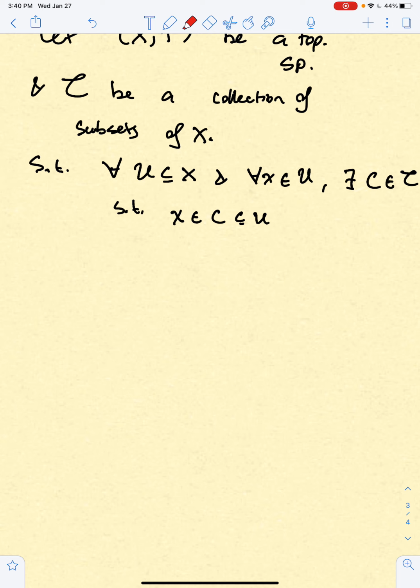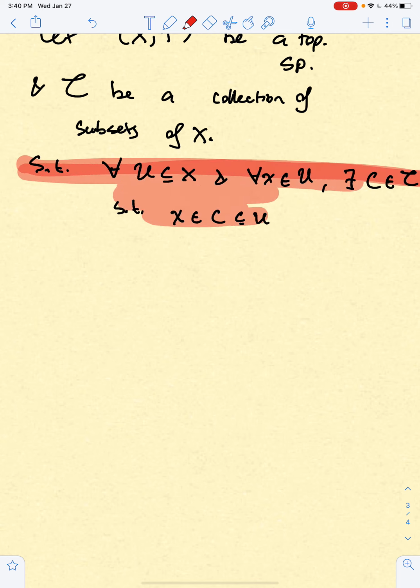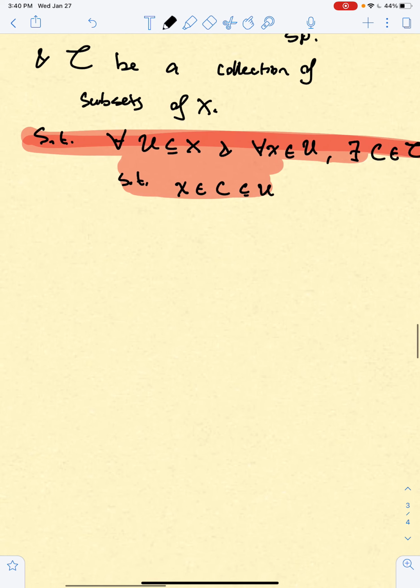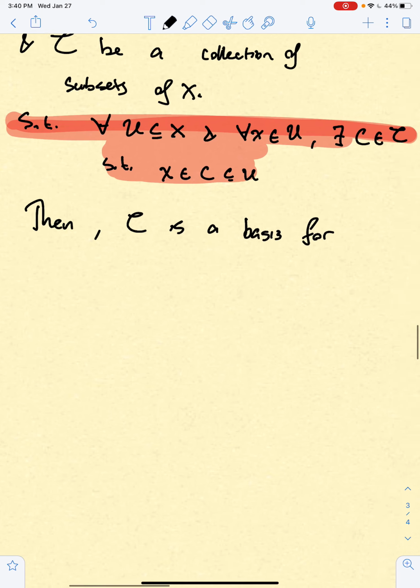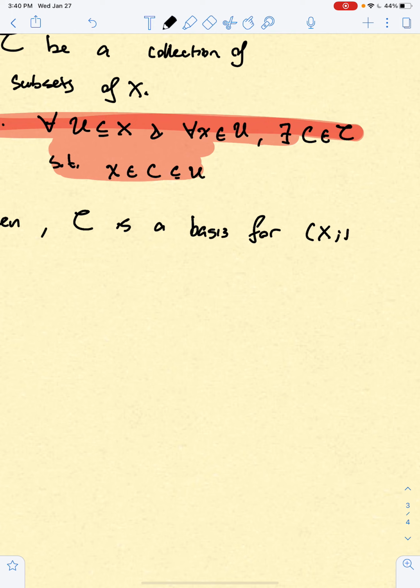So script C satisfies this property. Then if that holds, C is a basis for X, tau. That is, the topology generated by C is the same one given by tau.